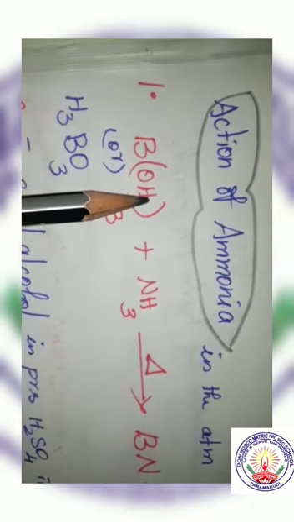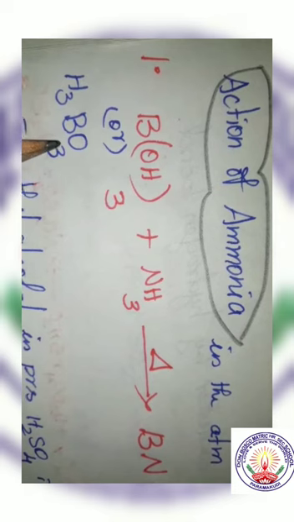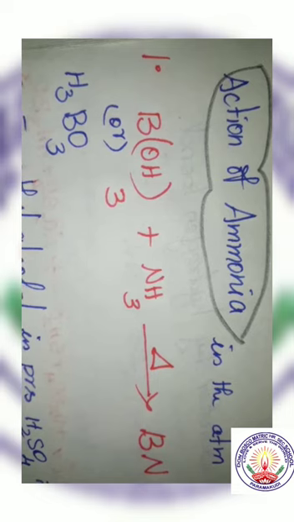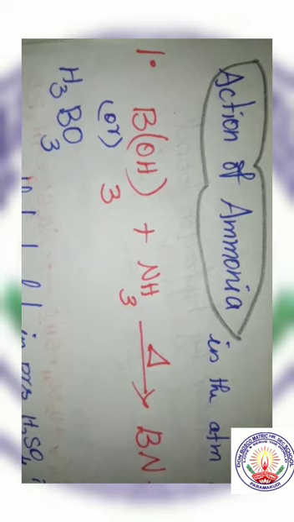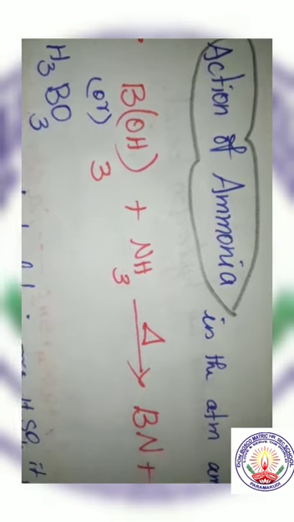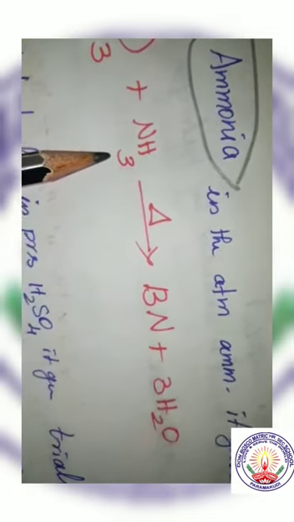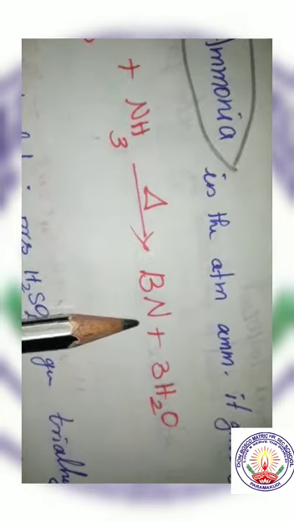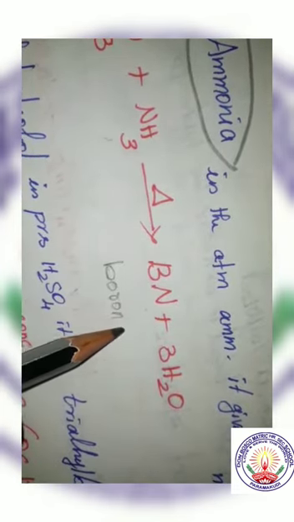This can also be written as H3BO3. So this boric acid is reacting with ammonia and we are getting boron nitride.